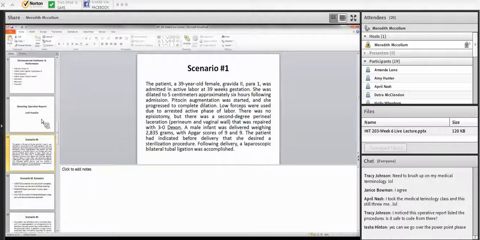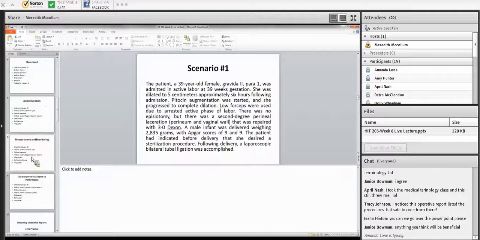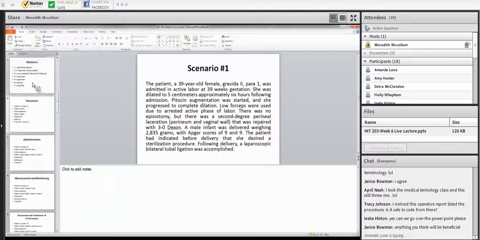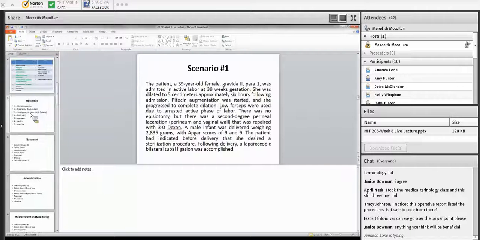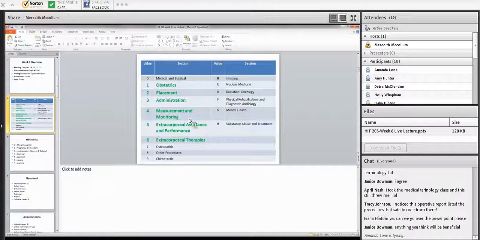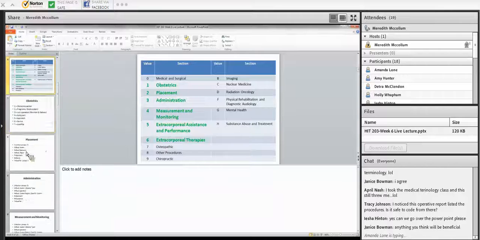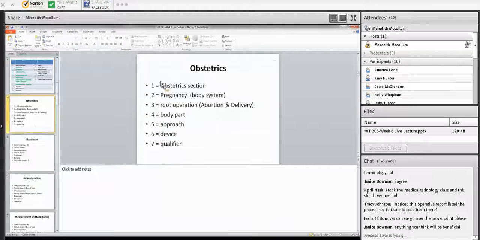Okay, so the PowerPoint does go into your different sections. These are the ones y'all are looking at now: obstetrics, placement, administration, measuring, monitoring, extracorporeal assistance and performance, extracorporeal therapies. This gives you your root operation, and it does change in regards to what each one is.